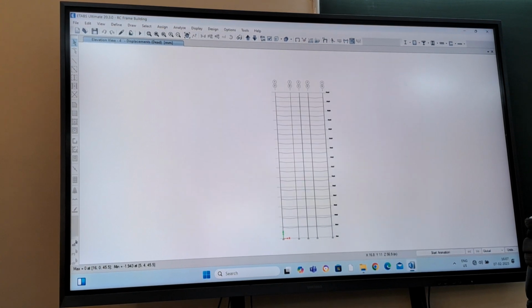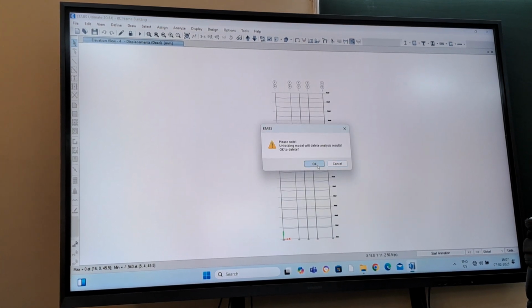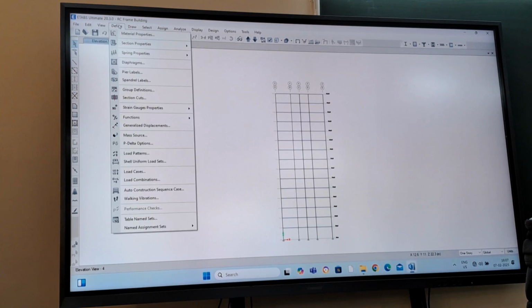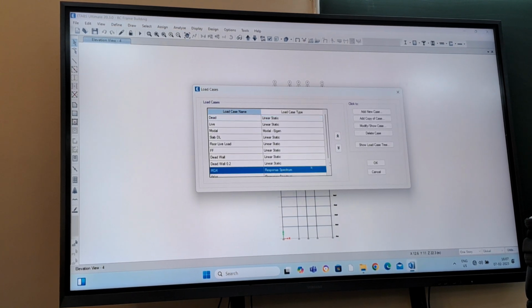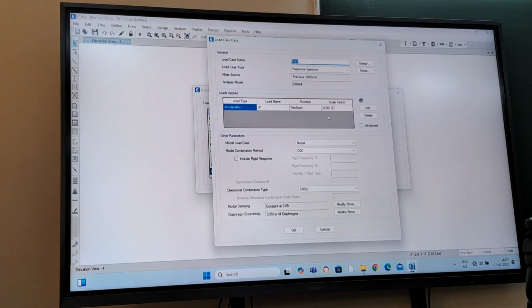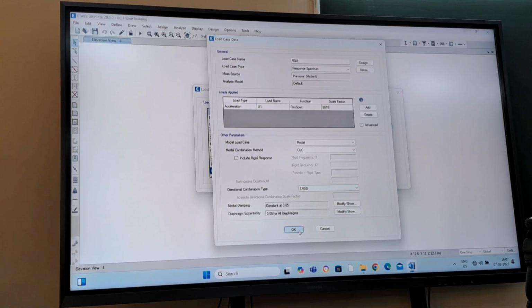Okay, now we'll remove that scale factor and see how much correction we have to apply. By default it was 9810, so we'll check with this.